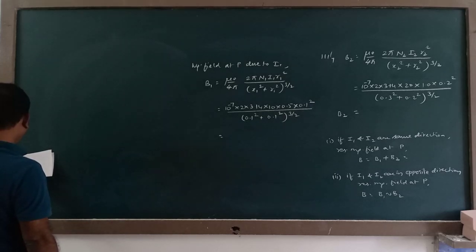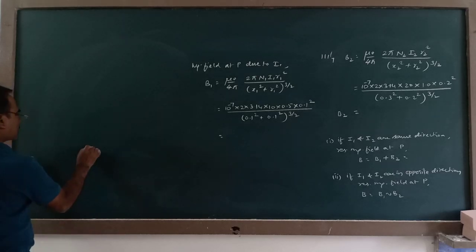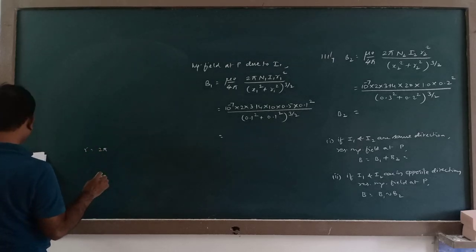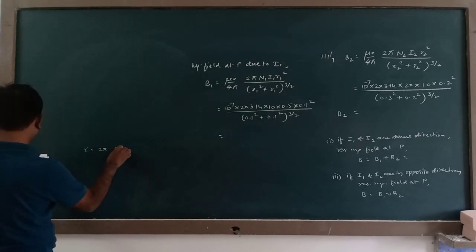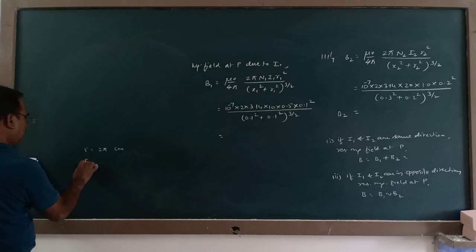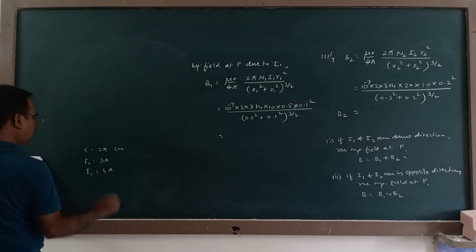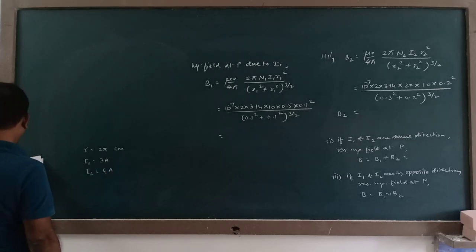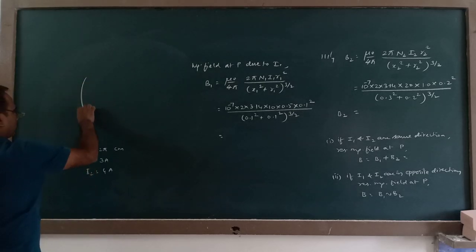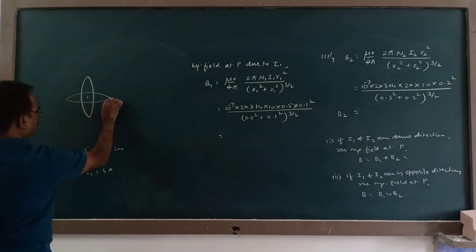There are two concentric loops, sorry, not coils, there are two concentric loops, each of radius 2 pi centimeter, and the current in them, in one it is 3 ampere, in another it is 4 ampere. These loops are placed at right angles to each other. So this is one loop and this is another loop.